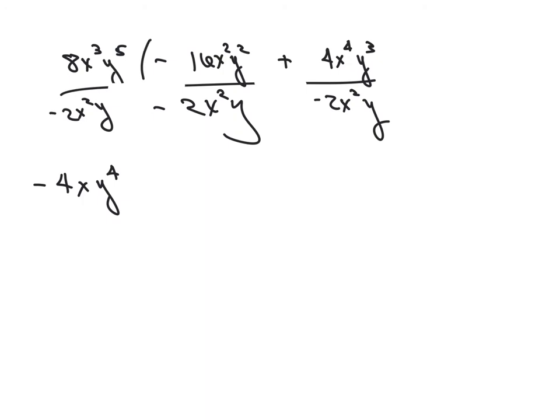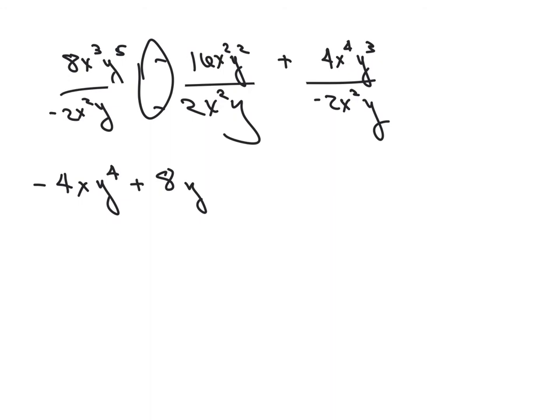Two negatives give me a positive. 16 over 2 is 8. x to the second over x to the second is 0, 2 minus 2 is 0, so that goes away.